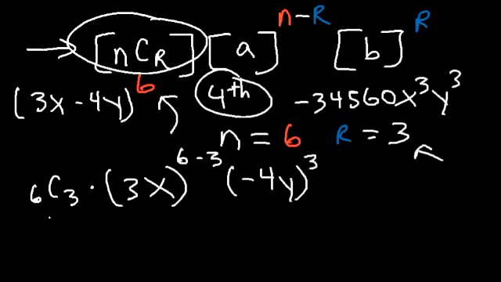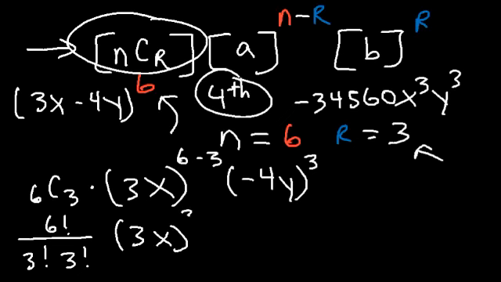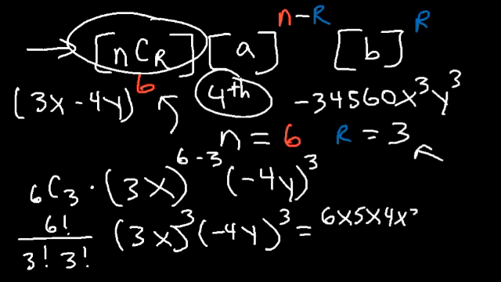And 6C3 is 6 factorial, divided by n minus r, which is 6 minus 3 factorial, or 3 factorial, times r factorial, which is also 3 factorial. And 6 minus 3 is 3. So now let's figure out what this is equal to. 6 factorial is equal to 6 times 5 times 4 times 3 factorial.